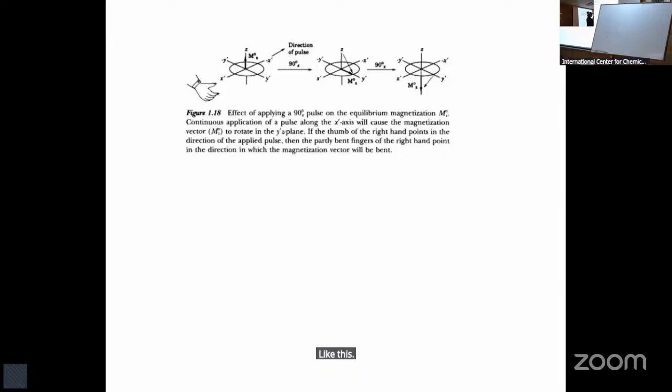Draw a circle, draw X, Y, Z. Those who didn't bring a notebook can take a paper from their friends. Draw a circle and put the magnetization vector on the z-axis. You don't need to take a picture because this book is available in the library. Try to draw it.